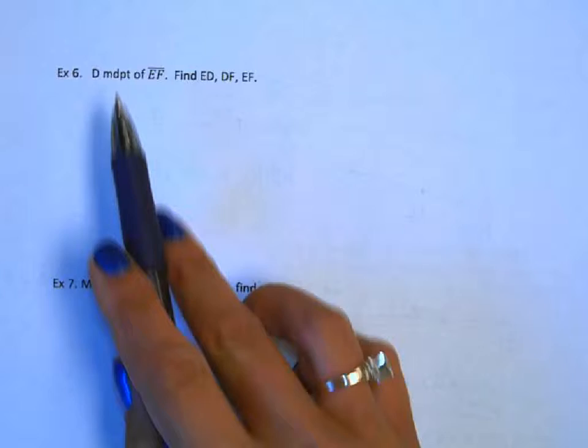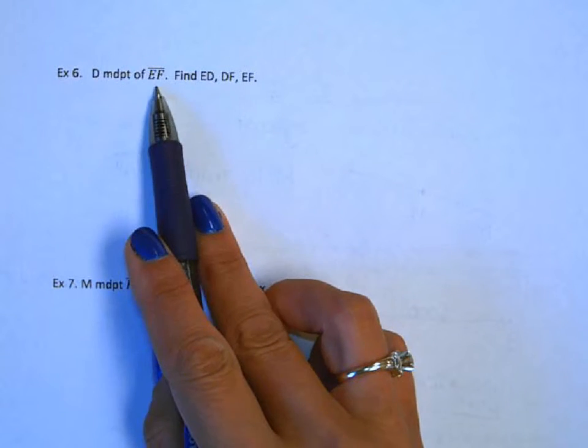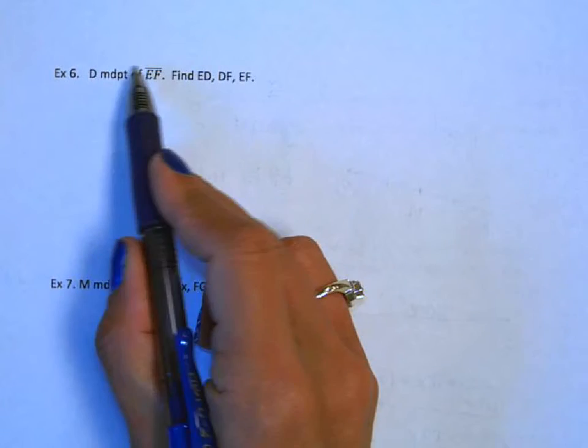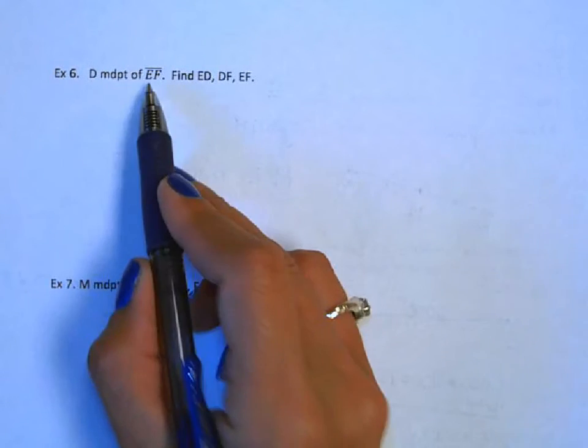Okay, using our definitions in algebra, we're going to use a lot of algebra and geometry. Draw a picture. D is the midpoint of segment EF. And then we're going to find some stuff. What do I need to draw to have this in a picture form? What do I got to have on my paper? Avery? Segment EF.